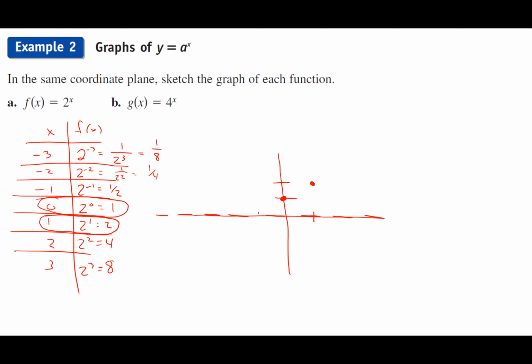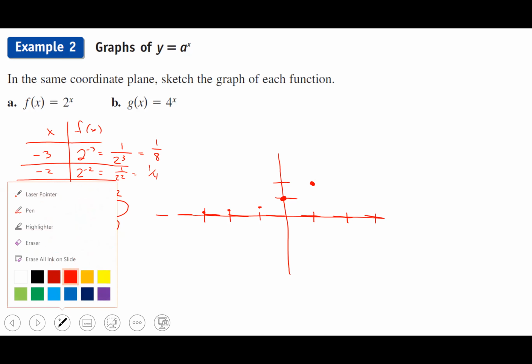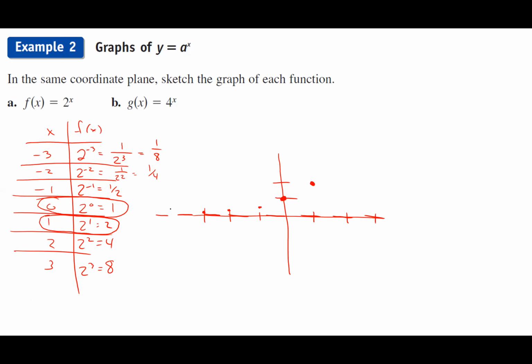So let's just do a quick graph. That's -1, that's -2, that's -3. So at -1, it's a 1/2. That means it's a 1/4. Now we've got ourselves a 1/8. So that's what these graphs look like. Okay, I'm going to change my pen color even. I like purple today. So it goes like this.